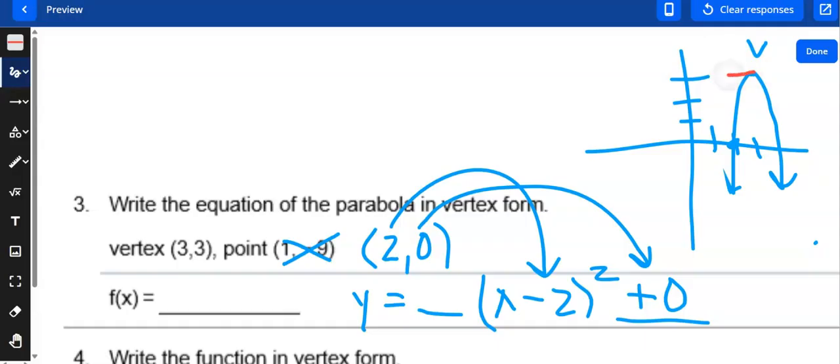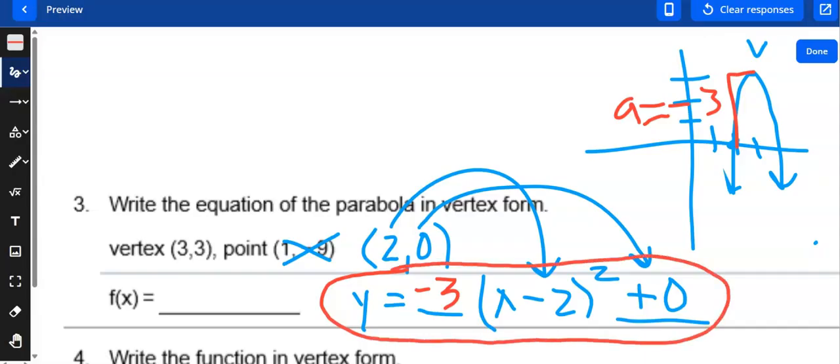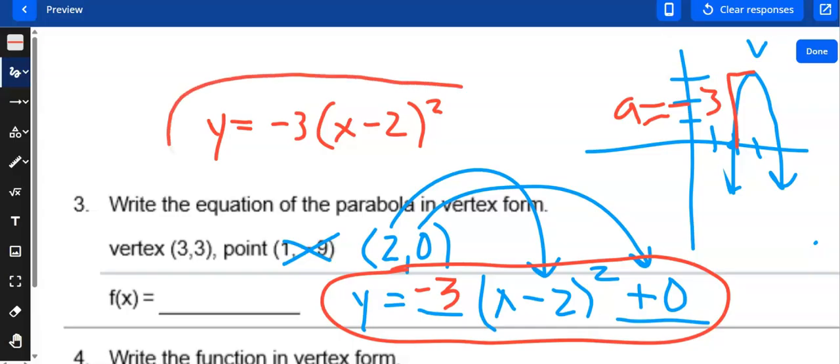Well, over 1, down 3. Looks like -3. Or, like I said, if you wanted to write y equals -3 times (x minus 2) squared like that, that would also be acceptable. You don't have to put the +0 in that case.